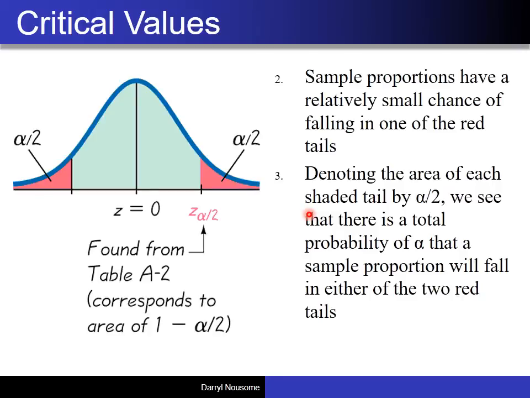It's far away. So we use our critical value of alpha, but we do alpha divided by 2 because we are dividing the amount of error into both sides of the curve, right? There's error out on the left side and on the right side. Okay. So we denote the area of the shaded tail by alpha over 2, and the total probability of alpha is that a sample proportion will fall into either of those two red tails, so those extreme values will fall way outside.